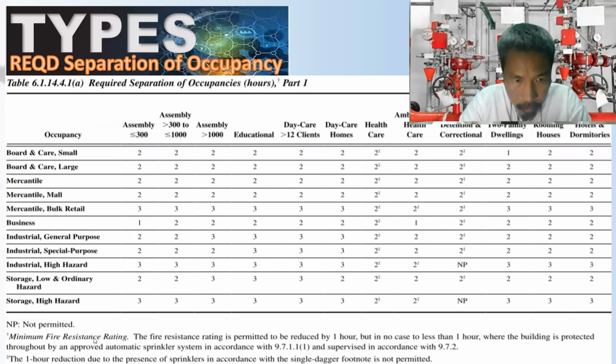On the lower portion, we have minimum fire resistance rating. Fire resistance rating is permitted to be reduced by 1 hour, but in no case to less than 1 hour. For example, 2 hours could be reduced by 1 hour, so it will become 1 hour.